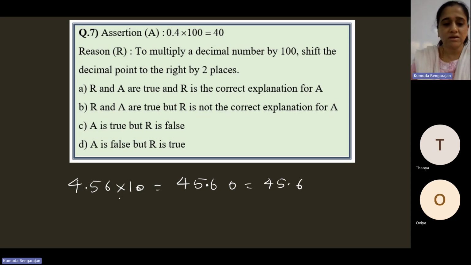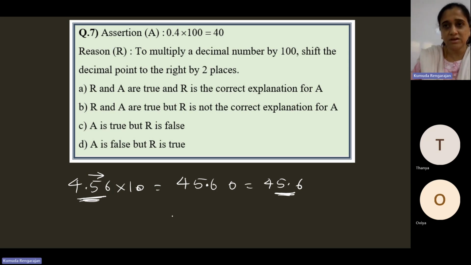So what has happened? Compare the given number and the product. When you multiply this number by 10, what do you see in the product? The decimal point has shifted to the right by 1 decimal place. From here, it's moved here.